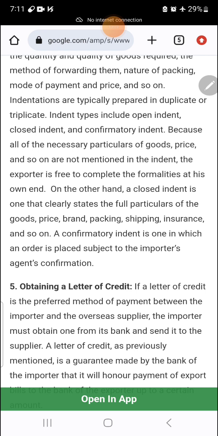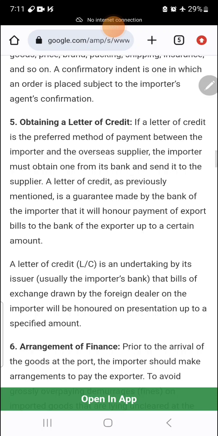On the other hand, a closed indent is one that clearly states the full particulars of the goods, price, brand, packing, shipping, insurance, and so on. A confirmatory indent is one in which an order is placed subject to the importer's agent's confirmation.